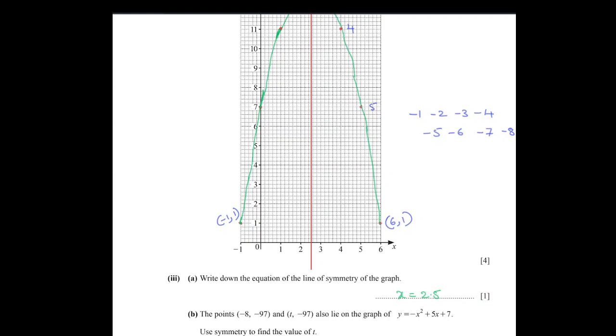So after -1, 1 2 3 4 5 6 7. 7 numbers you have to take.